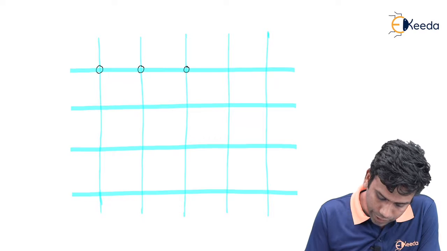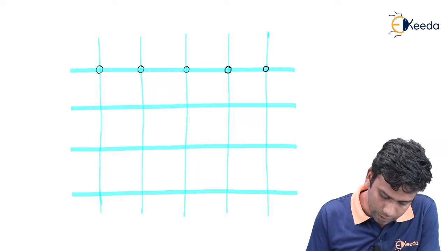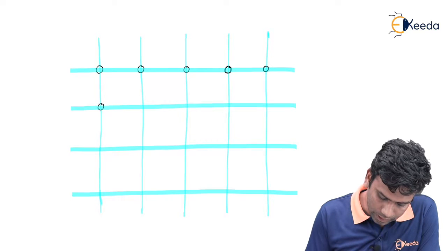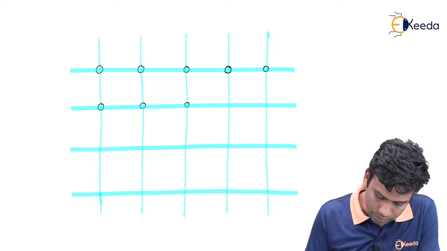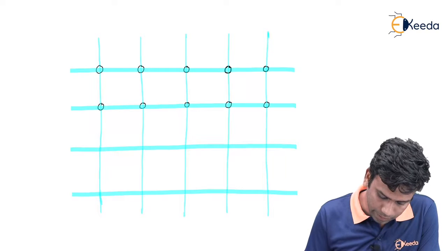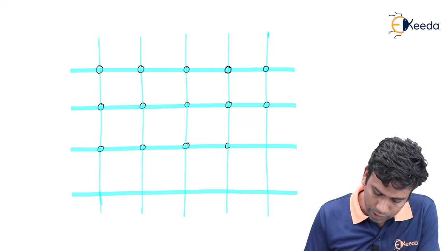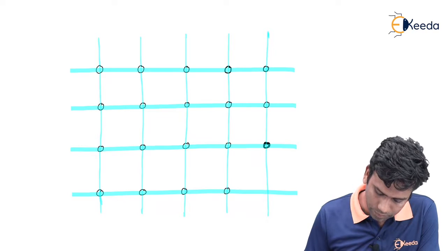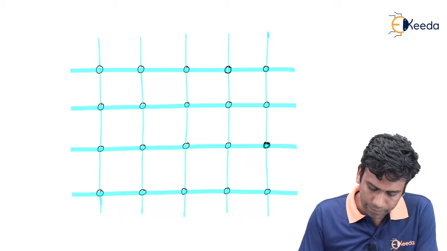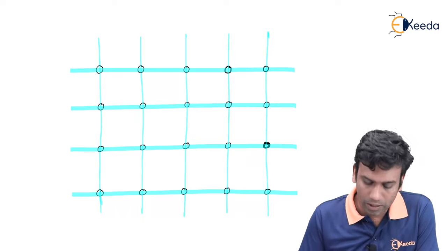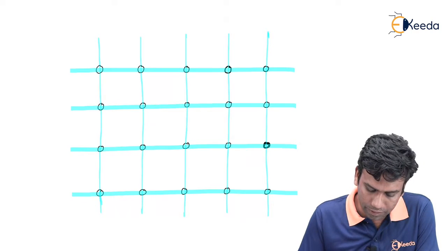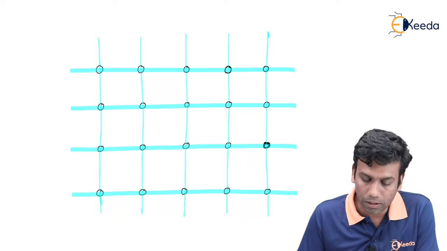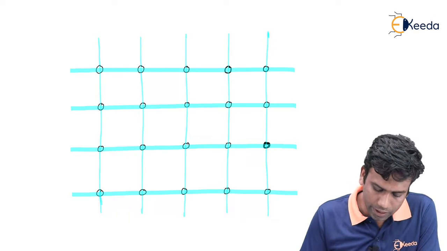All these cross points will have silicon atoms, and in between there are the covalent bonds between the silicons. In this way, there are so many silicon atoms at every cross section of the covalent bonds.